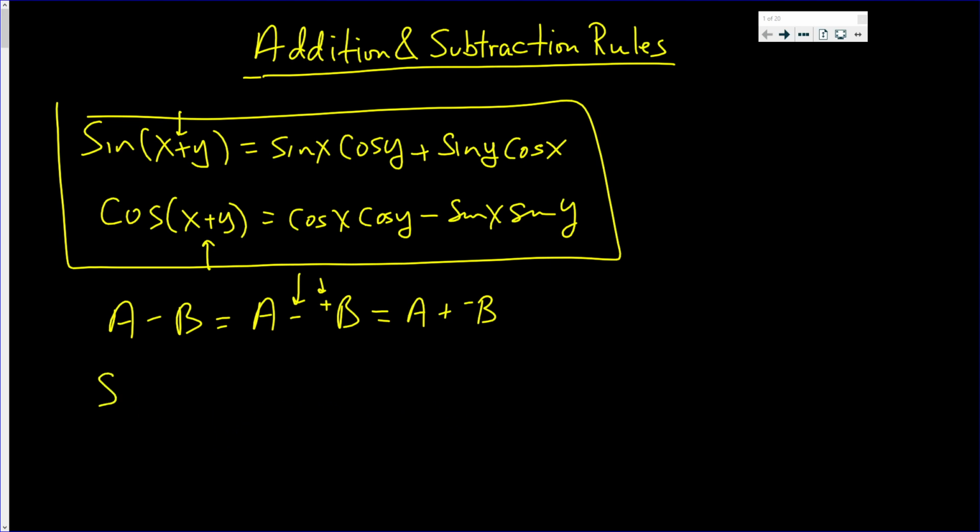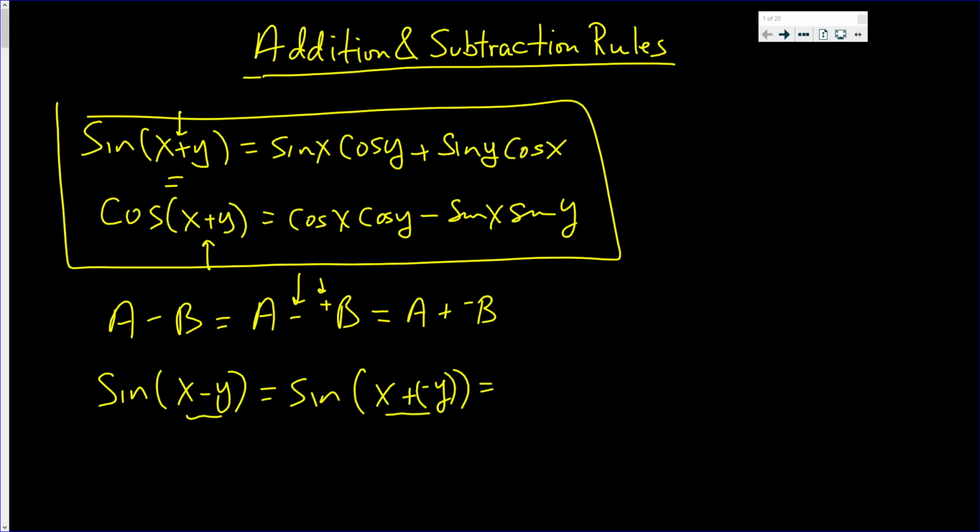So, if you wanted to know the formula for the sine of x minus y, and you only remember it for the sum, you don't need to panic as long as you know one other thing, or two things. That x minus y is x plus negative y.